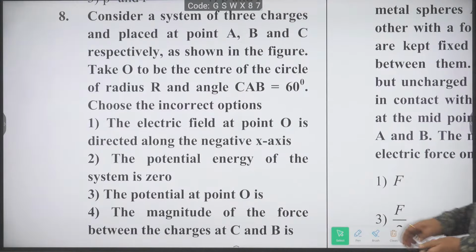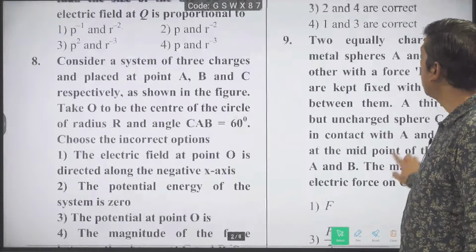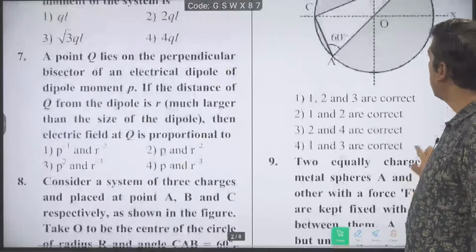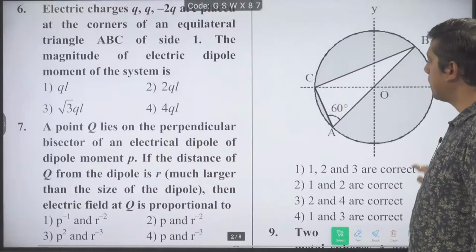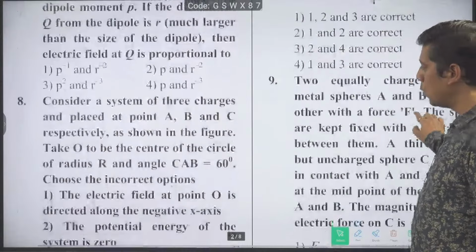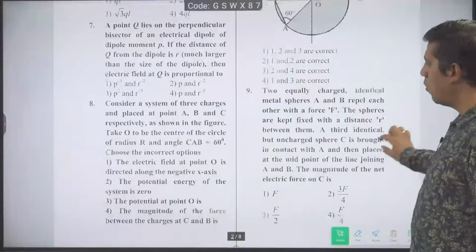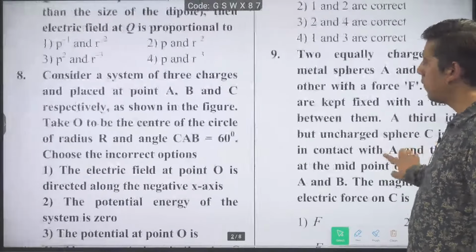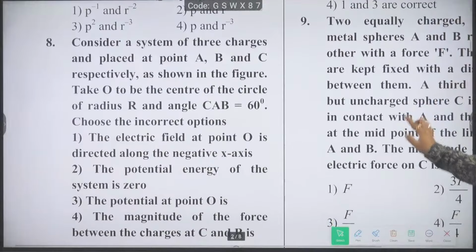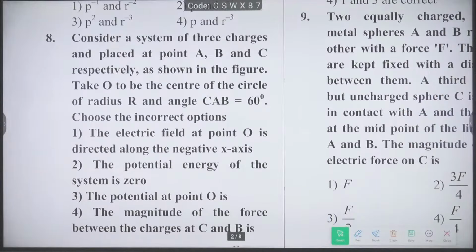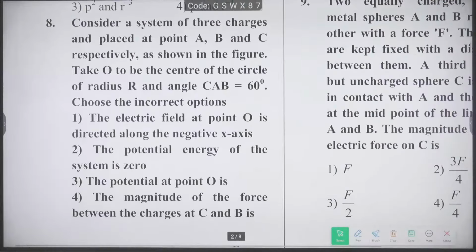Is there any diagram? Okay, the diagram is here. First, go through the question. Consider a system of three charges placed at points A, B, and C. Take O to be the center.